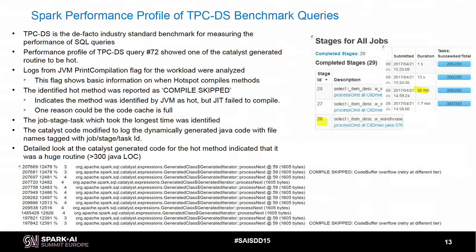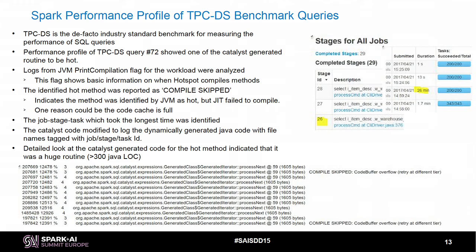Okay. With this background on both the Spark SQL Catalyst optimizer and the internal workings of the JVM, let us look at how Spark SQL code generation can be further optimized. For that purpose, we took a standard query provided by TPCDS, which is a de facto industry standard.